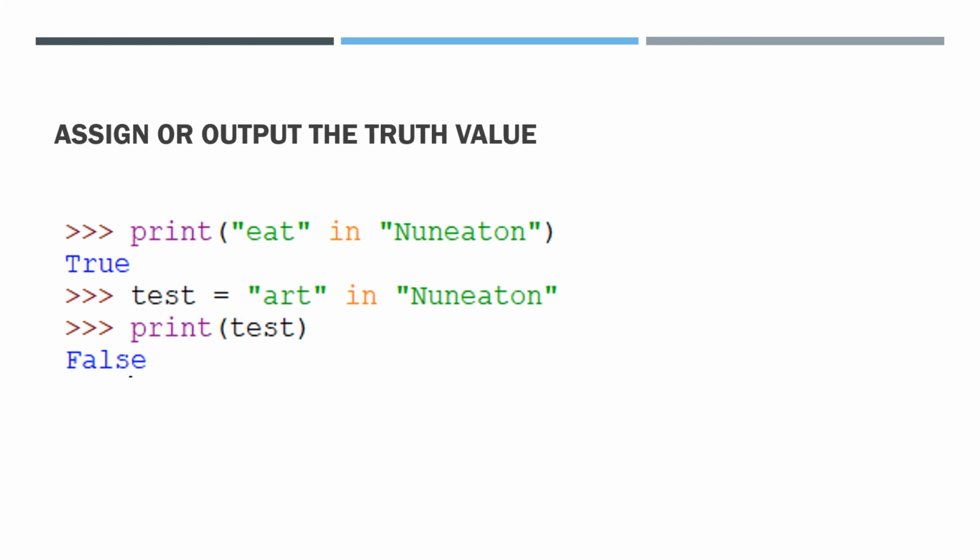No quote marks, just the word true. And here I've asked is the word "art" in the string "noneaten". I've assigned the value of that expression to a variable called test, and then when I print out the value of the variable test, we see that it's been holding the value false. So true and false are the values of those expressions.